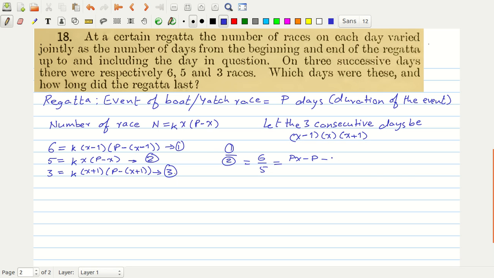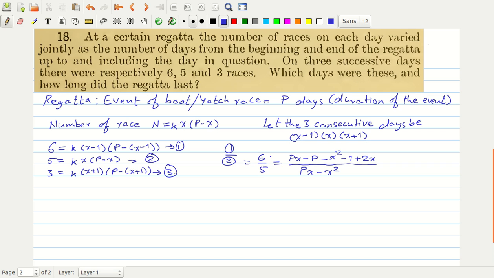So minus (x minus 1) square will be minus x square minus 1 plus 2x, divided by x times (p minus x). So this will be equal to px minus x square, right.